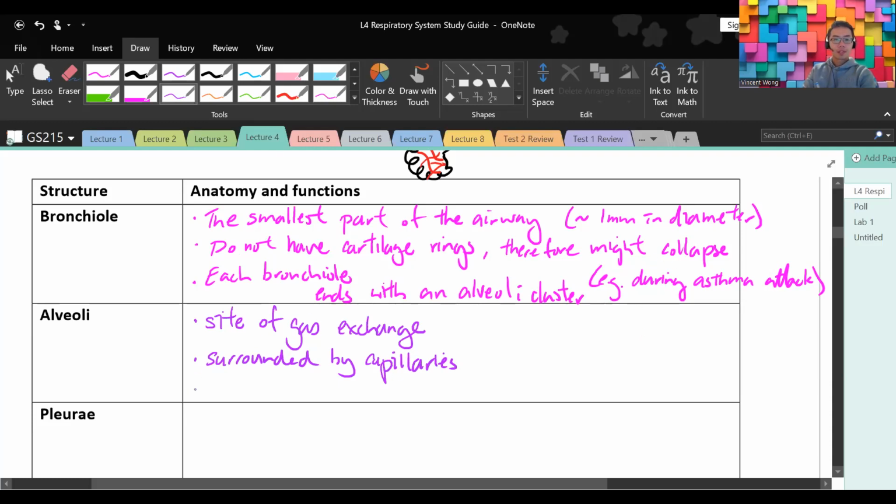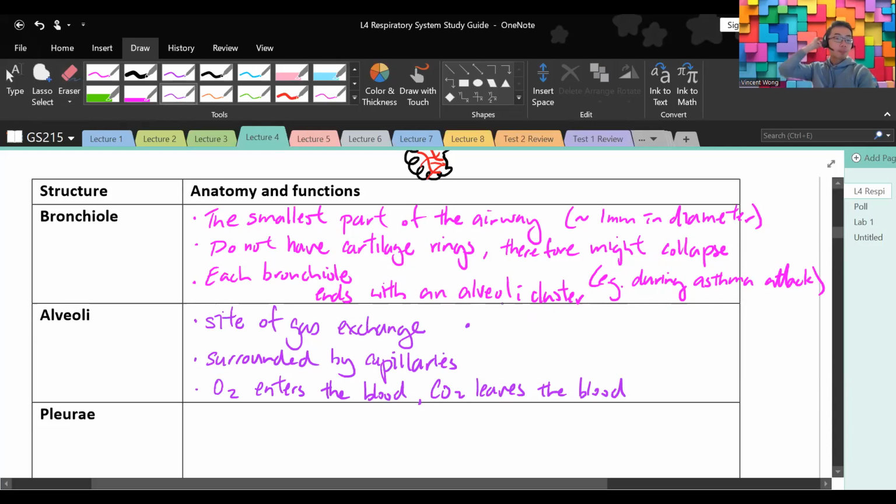Okay. So at the alveoli here, O2 enters the blood and CO2 leaves the blood. Okay.